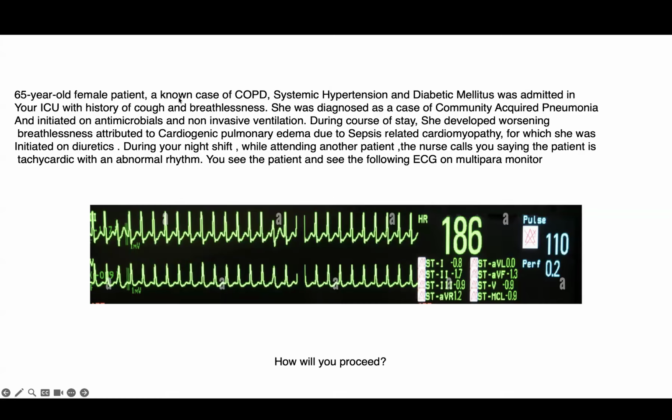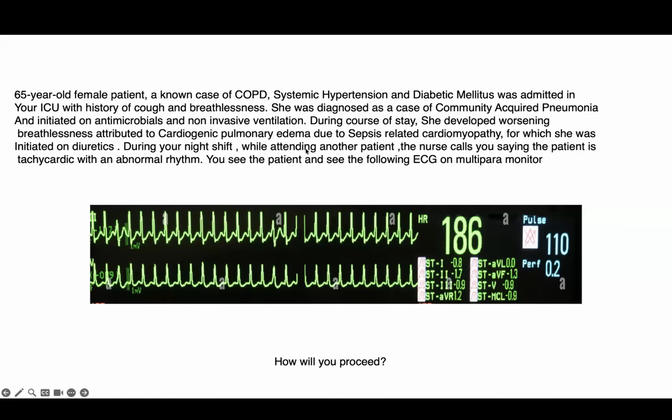A 65-year-old female patient, a known case of COPD, hypertension and diabetes, was admitted in your ICU with history of cough and breathlessness. She was diagnosed as a case of community-acquired pneumonia and initiated on antimicrobials and non-invasive ventilation. During the course of stay, she developed worsening breathlessness attributed to cardiogenic pulmonary edema due to sepsis-associated cardiomyopathy, for which she was initiated on diuretics.